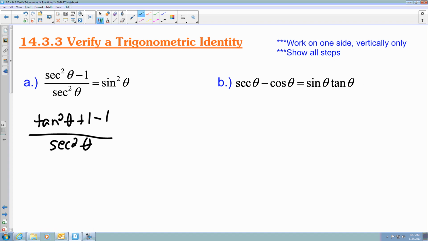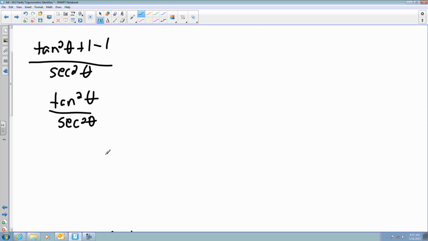Now the 1 minus 1 ends up being 0, so now I'm just left with tangent squared theta over secant squared theta. So from here, I know that tangent squared theta can be rewritten as sine squared theta divided by cosine squared theta, and it's divided by secant squared theta, which can be rewritten as 1 over cosine squared theta.